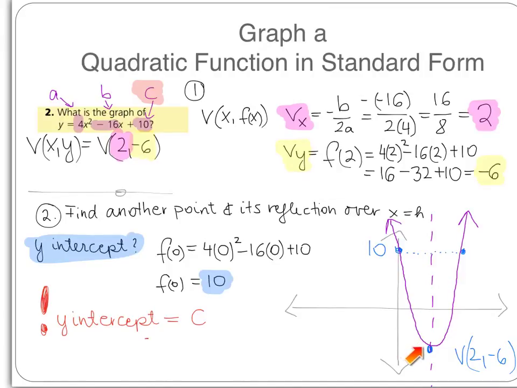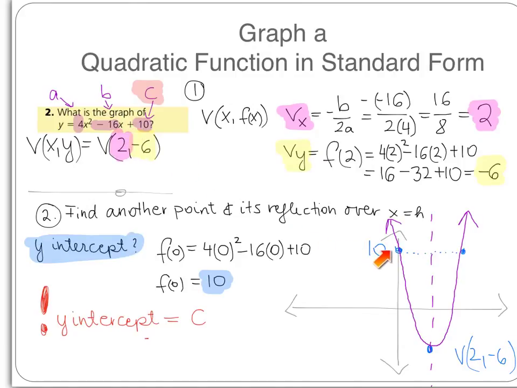I do need 3 points to graph a pretty parabola. And I'm going to do that. The easiest point to do is the y-intercept. Where is the y-intercept? Where x is 0, so I plug in 0 for x and I get 10. Do you see that the y-intercept is always c, and that is why it is 10 this time.